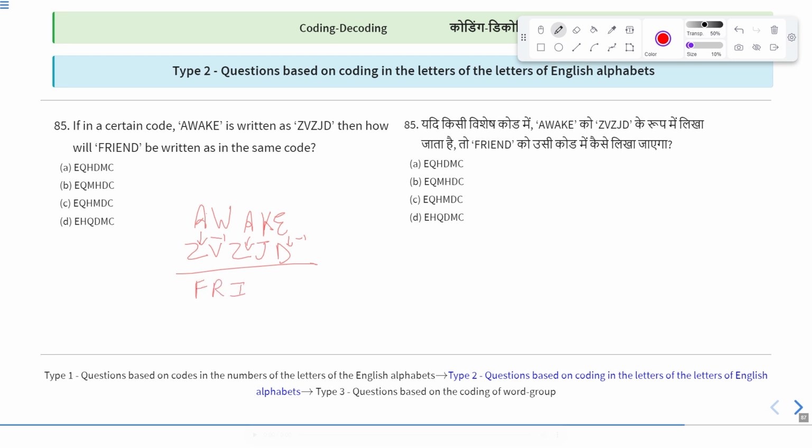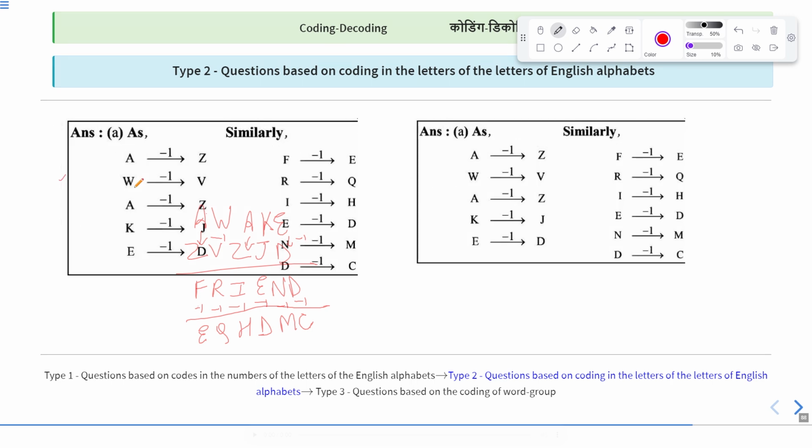Similarly for friend, applying a -1. We get F-1 E, R-1 Q, I-1 H, E-1 D, N-1 M, D-1 C. A option. -1.